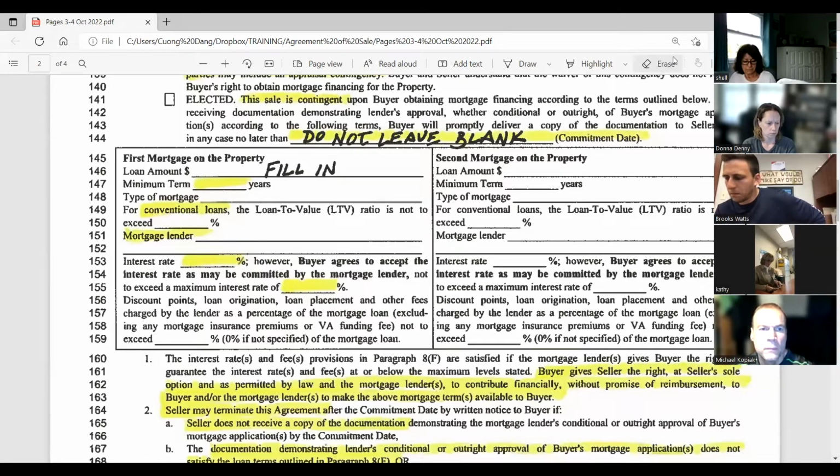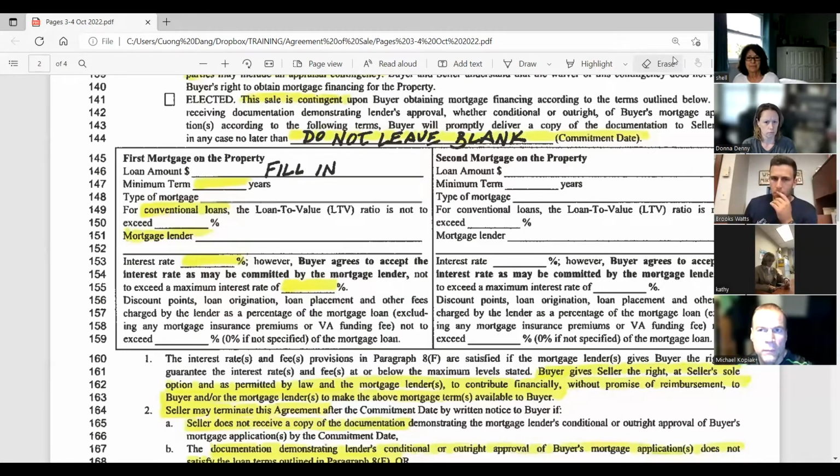Mortgage lender. Do you have to fill that in? Shelley? I'm going to say no, because you could change lenders, but I'm not sure.